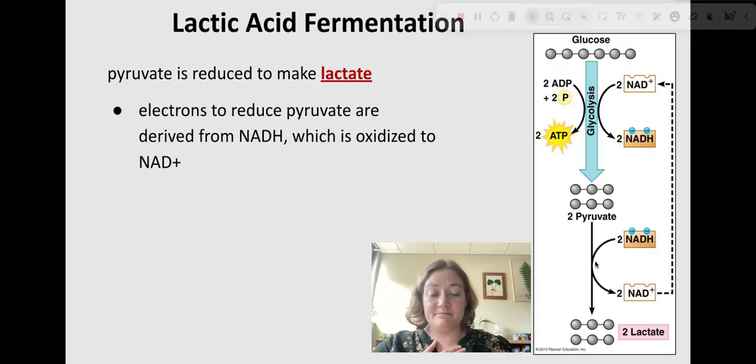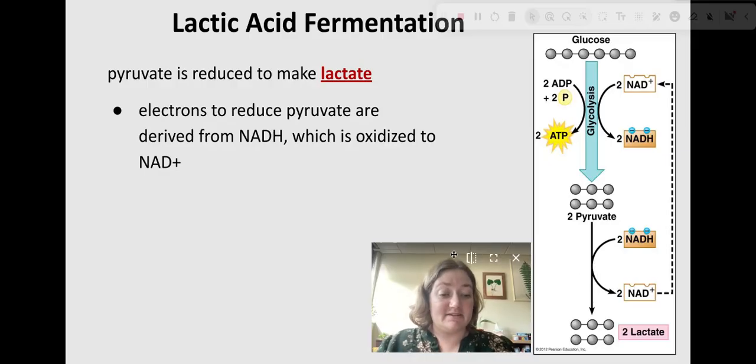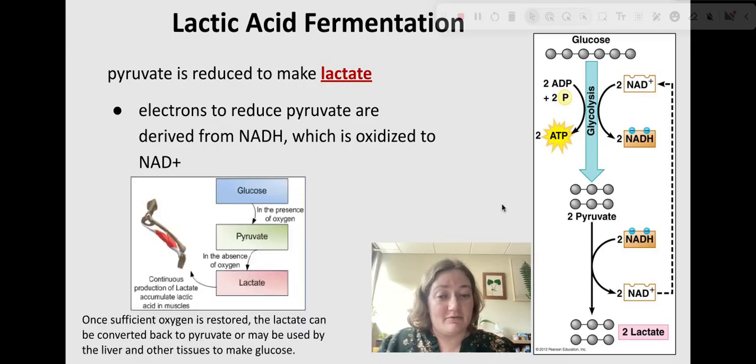Now, the product here is lactate. And maybe you've heard of lactate before. If you are an athlete and maybe you've experienced this before, lactate can often build up into lactic acid in our muscles.